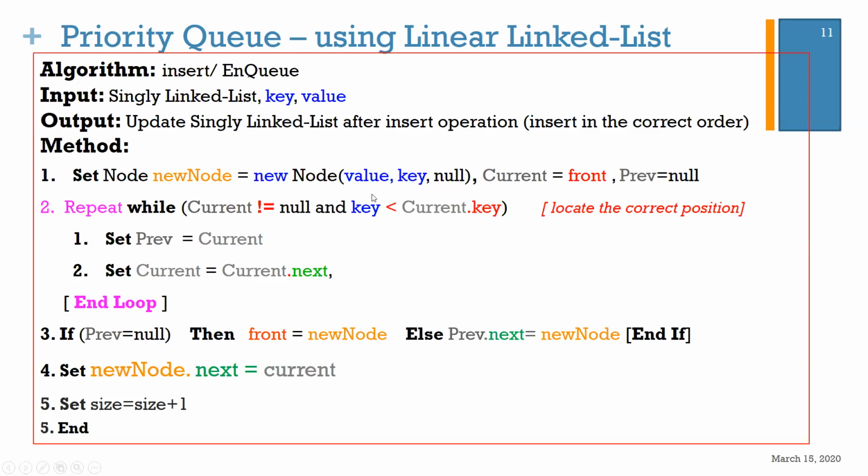We traverse to find the appropriate place by k less than current.k, and then add the new node next to previous and before the current, in between previous and current. Then we increment the size by 1 because we inserted a new element into the linked list.